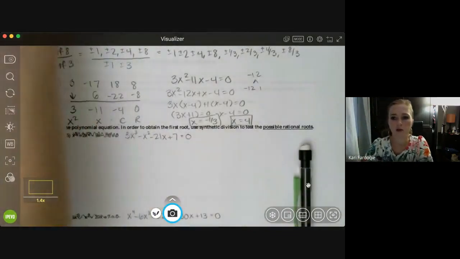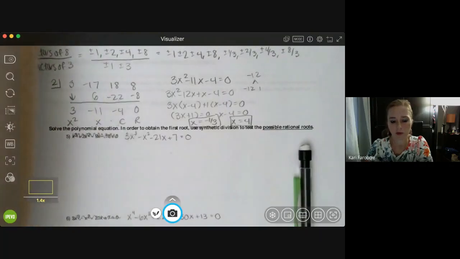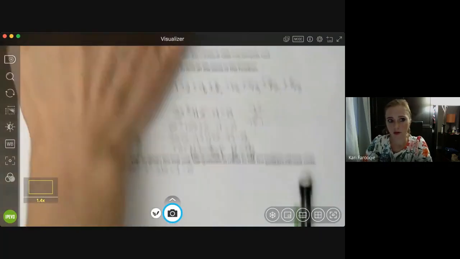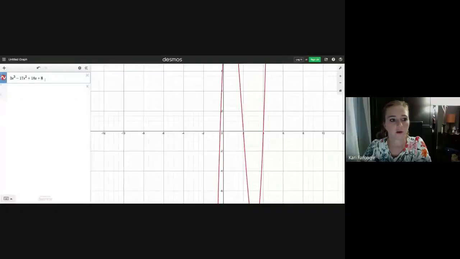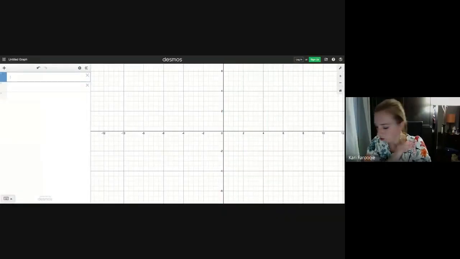Go ahead and graph it. I'm going to go put this into my graphing calculator, if you will. All right, so go to your calculator, switch out your function.